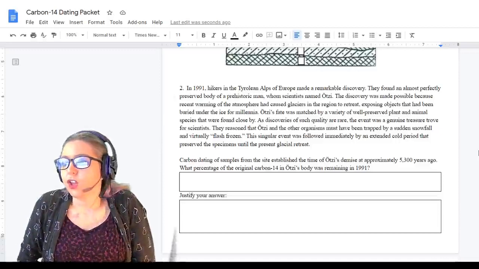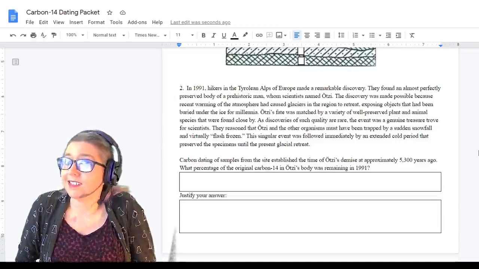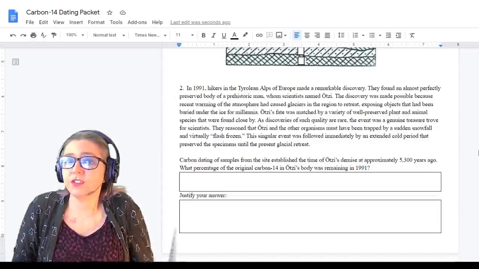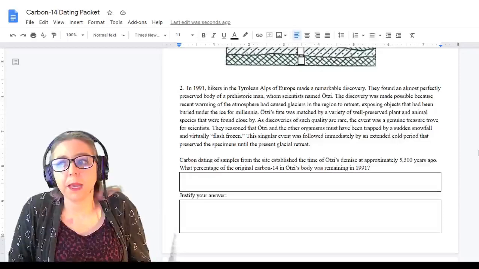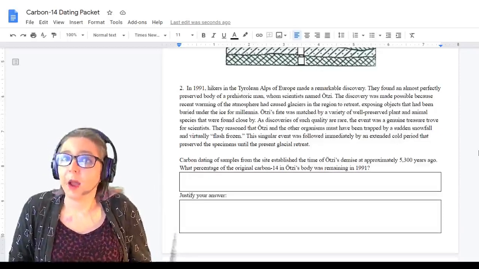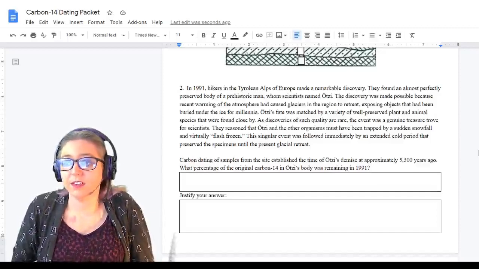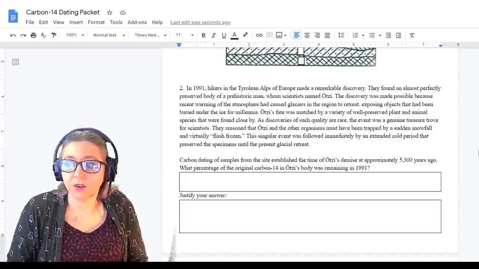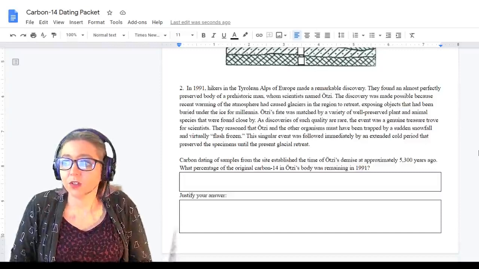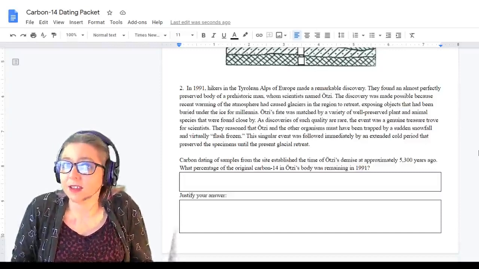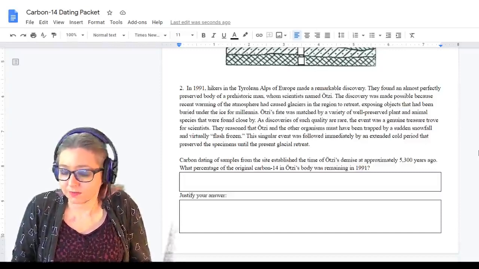So you probably can't give me an exact answer for what percentage, but you should be able to tell me about how much is still left of the carbon-14 in that bone sample. So tell me how you can figure out what is the approximate answer to that question.